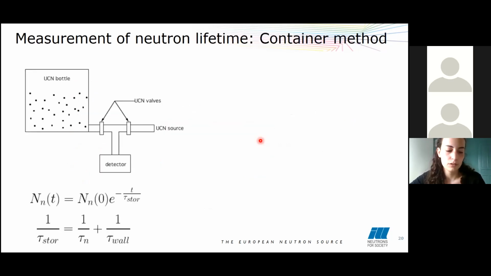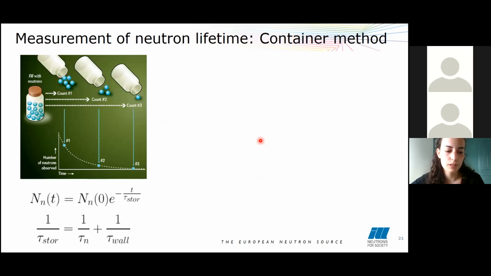The second method is the container method or bottle method, which consists of confining a certain number of ultra-cold neutrons into a bottle and then counting the remaining ones after some period. Then the procedure is repeated a few times, and the lifetime is extracted from a fit of the storage curve.